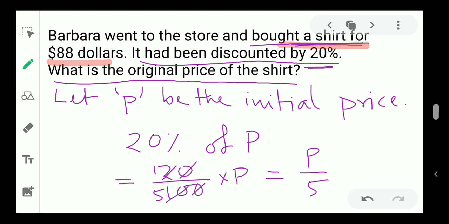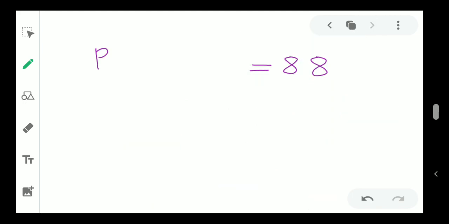So what is the final price? P was the initial price and P by 5 is discounted from this initial price. So how much is left? P minus P by 5. This is the final price I have to pay.